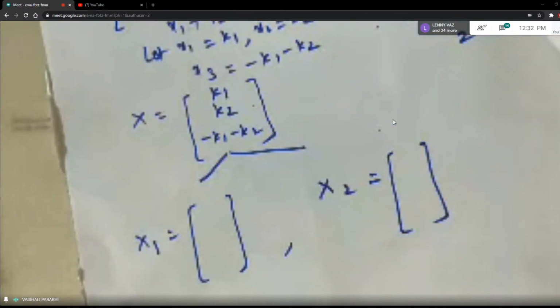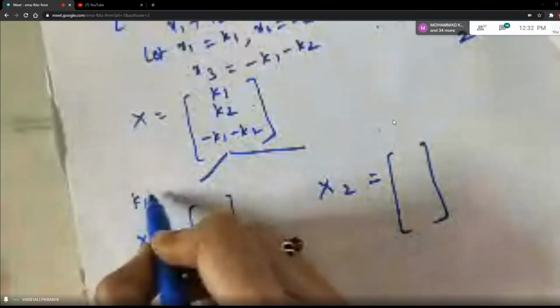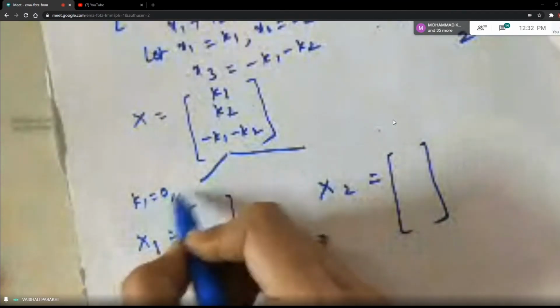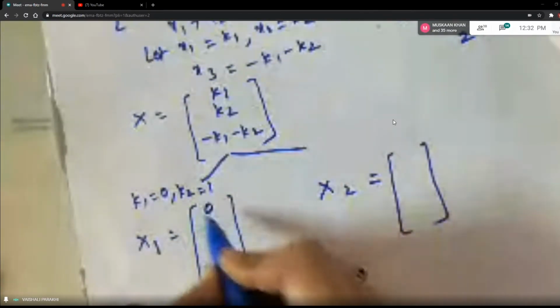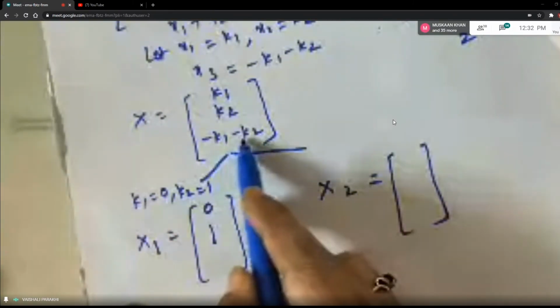Now, how to proceed? You have your own choice to choose K1 and K2, students, what you want to take as K1 and what you want to take as K2. Suppose I want to choose K1 as 0 and K2 as 1. What will happen? It will be 0, 1, and this will be minus 1.